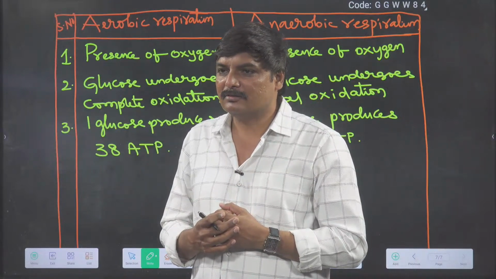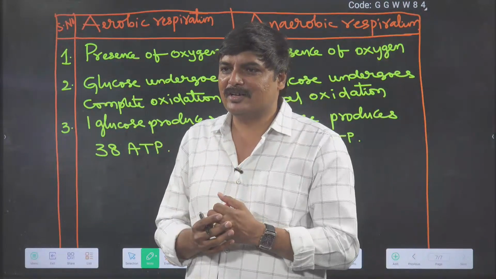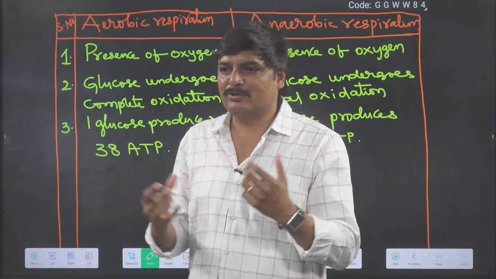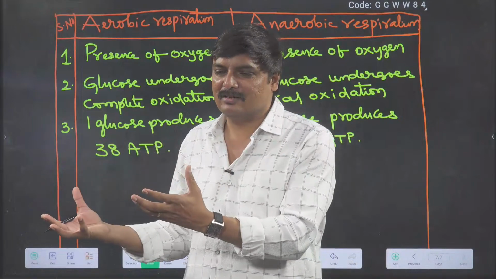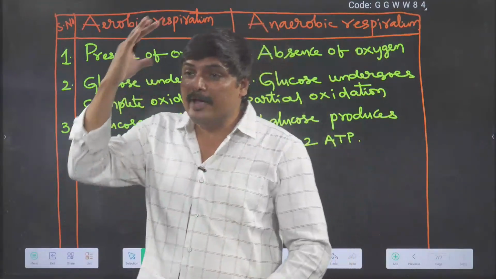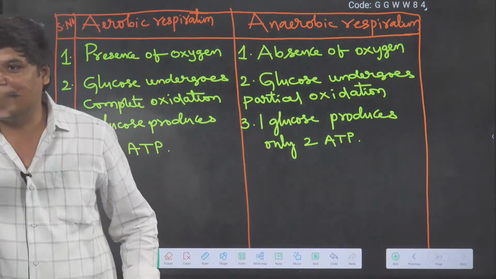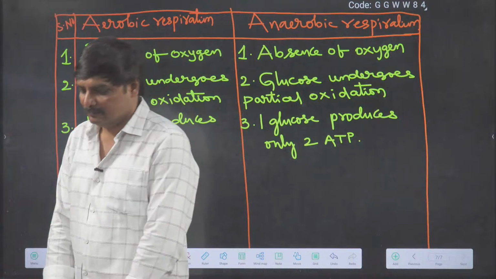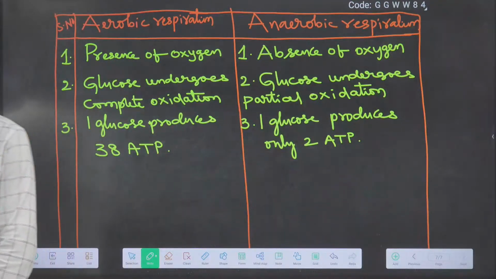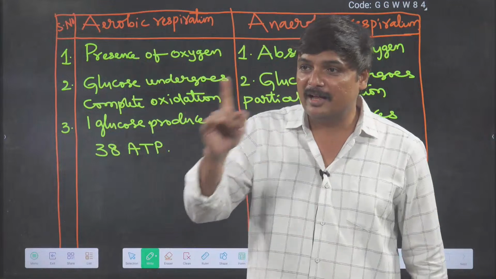Very good. Because in aerobic respiration, 38 ATP are produced. In anaerobic respiration, just 2 ATP. My question is, how many times is aerobic respiration more efficient than anaerobic respiration?